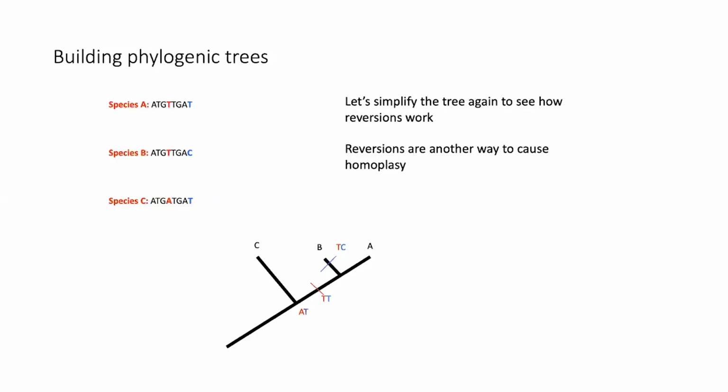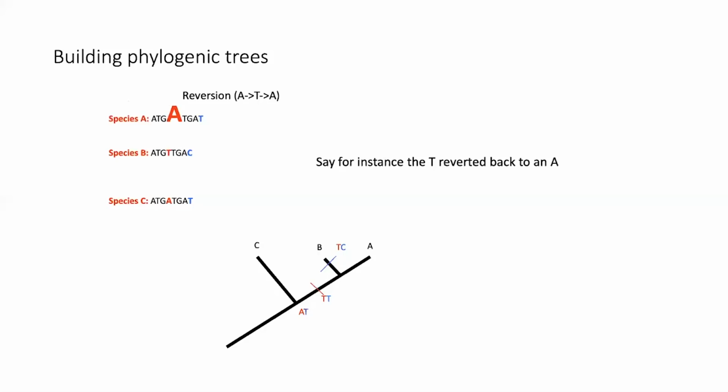To do this, we're going to simplify this phylogenetic tree here back to this state. So say this A evolves to a T, but say that it reverses in species A so that it is restored back to this A position here.